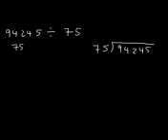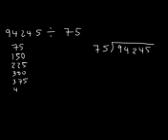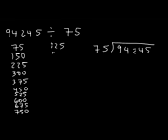75 plus 75 is 150, and then it's going to be 225 if you add 75 to 150. And 225 plus 75, that's 300. And then it's going to be 375, 450, 525, 600, 675, 750, and then it's 825, 900, and 975.